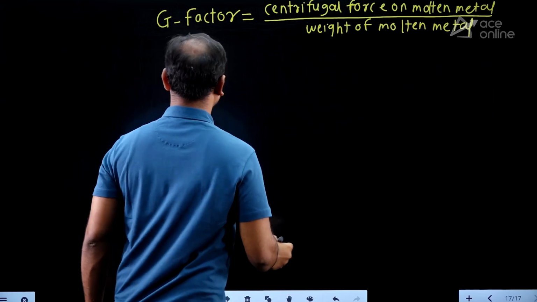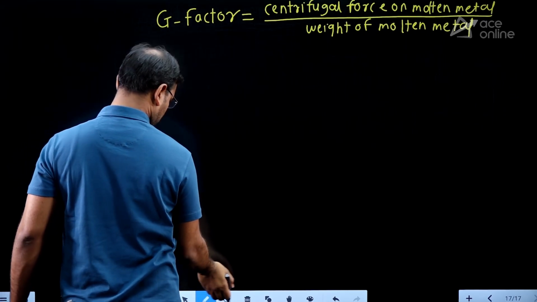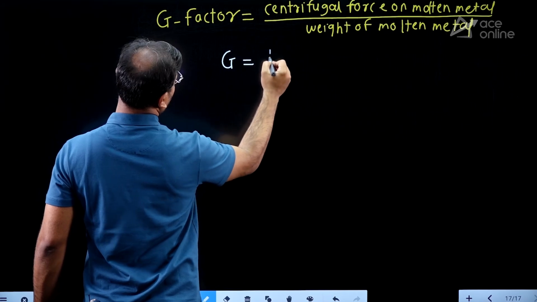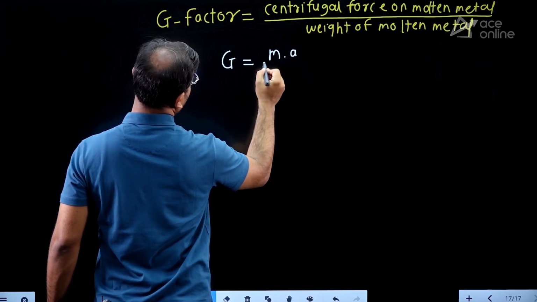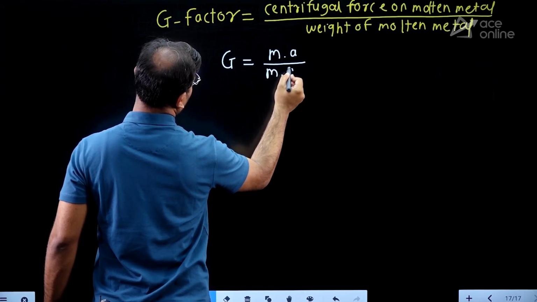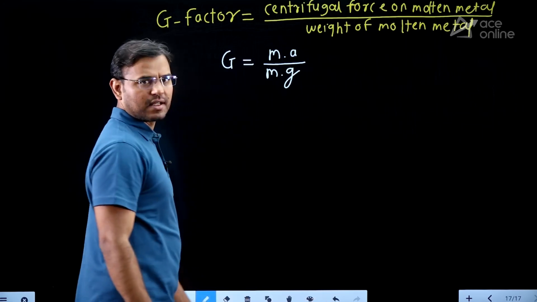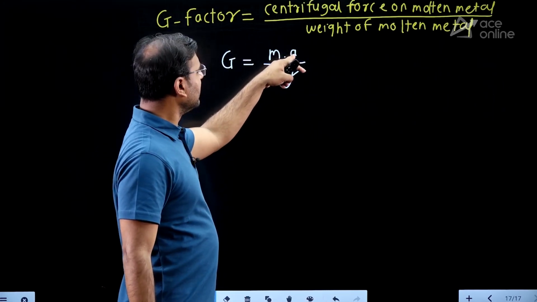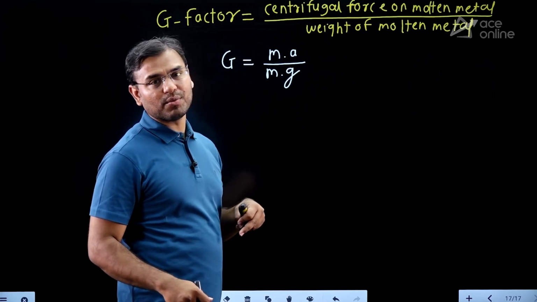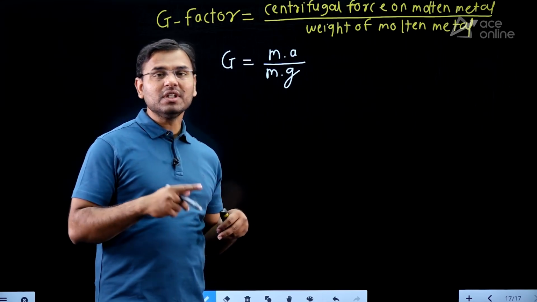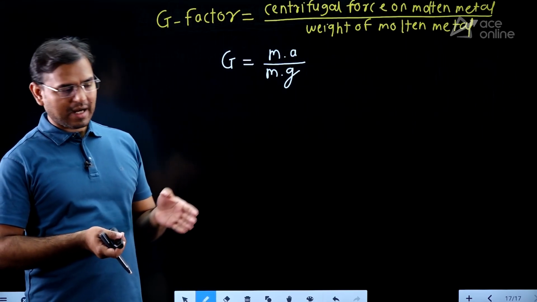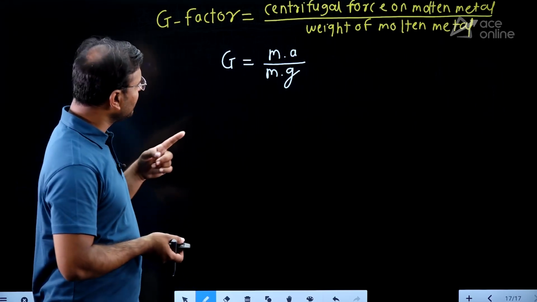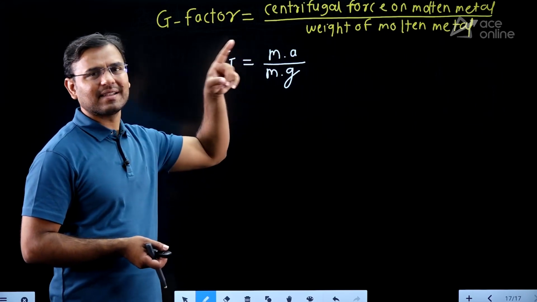Then here I am writing G is equal to centrifugal force, which is mass into acceleration, over weight of molten metal, which is mass into gravitational acceleration. This m is the mass of molten metal, this small a is the acceleration of molten metal, because the mold is going to rotate continuously, and in that rotating mold we are going to pour the molten metal. Therefore, the molten metal is going to accelerate here.